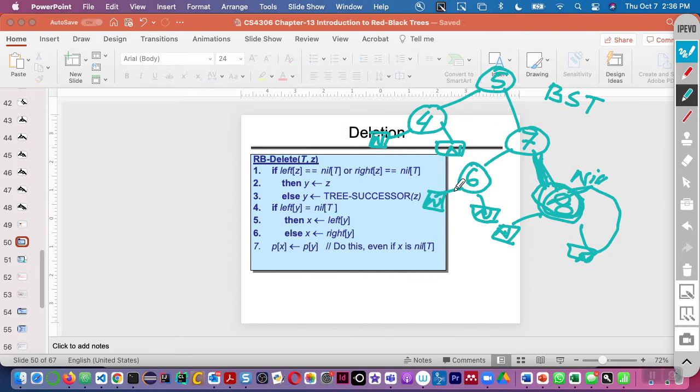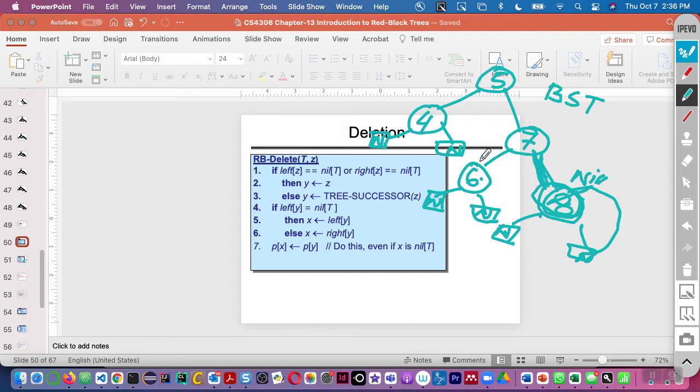For all cases, for the leaf level, for instance, if you want to delete 6, then take any null from either right side or left side, both null, and put it over here.